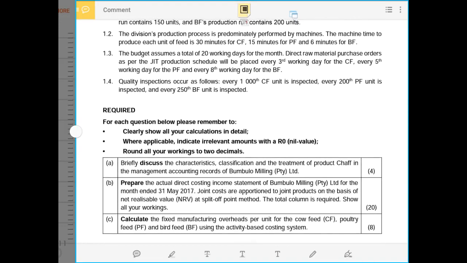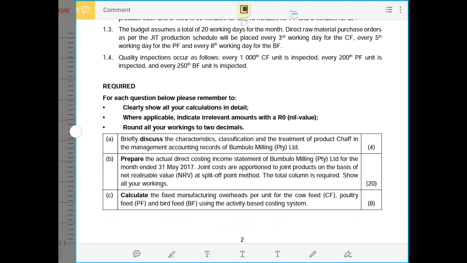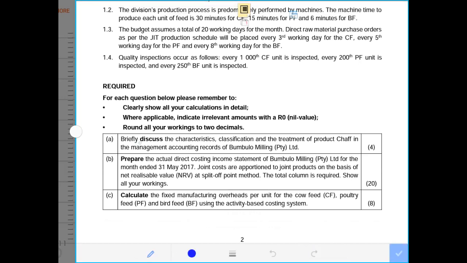Now, under the requirements, number A, I am required to briefly discuss the characteristics, classification, and the treatment of product chaff in the management accounting records of BUMBULO Miling PTY LTD. So there is one product that needs to be characterized or classified, and this product is chaff.